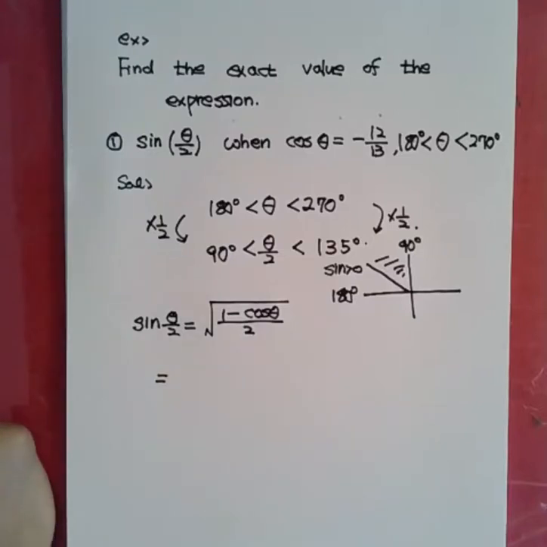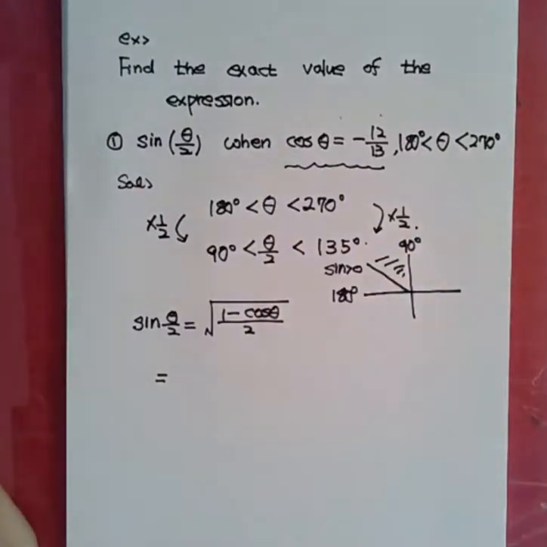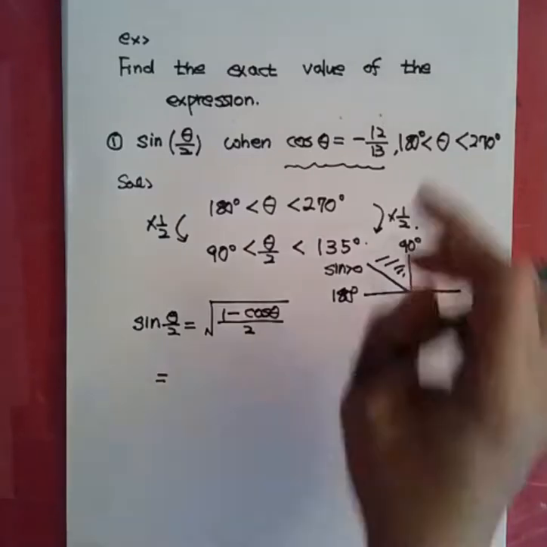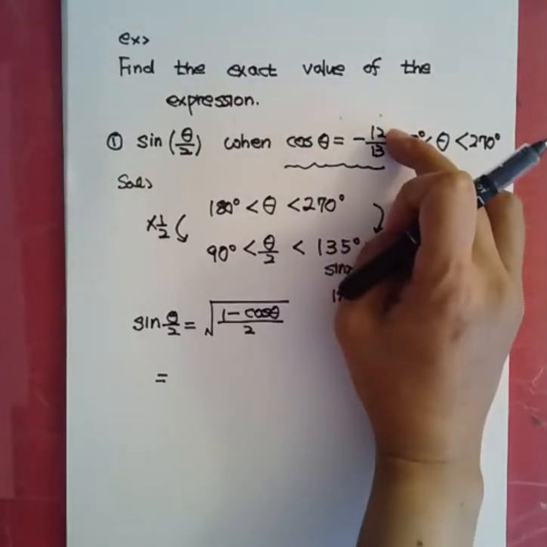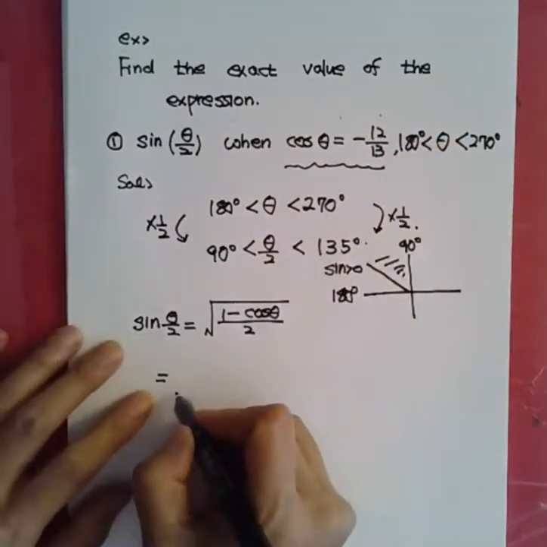Fortunately, in this problem, the cosine value is given, so all we have to do is substitution. However, if you replace cosine of theta by this fraction, then that'll be a fraction over a number.